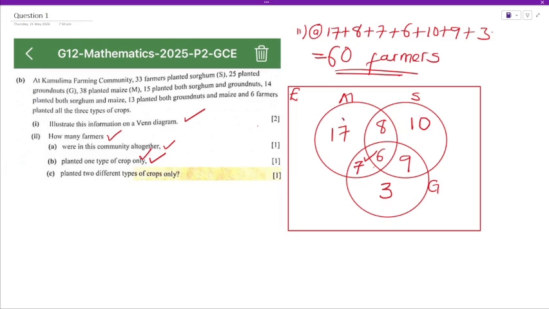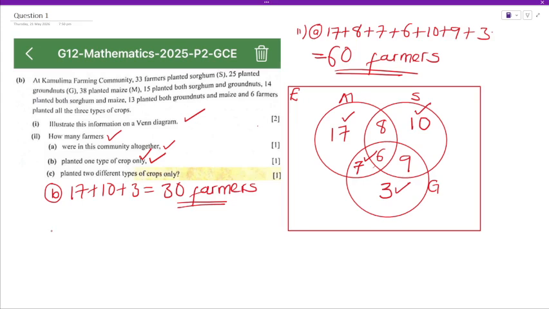One type of crop, we have the 17 there, we have a 10 there, and we have a 3. So 17 plus 10 plus 3 gives me 30 farmers. These are the guys who planted only one crop.